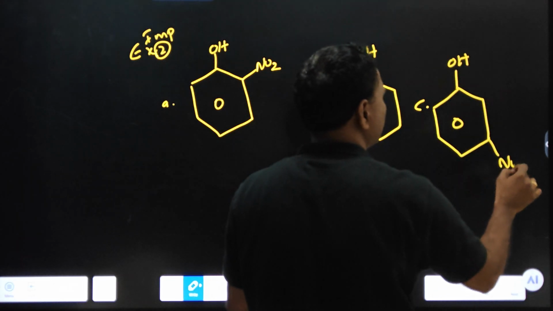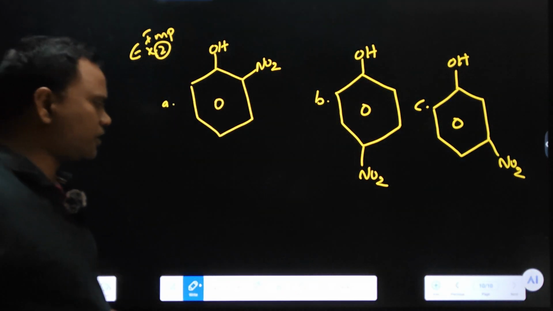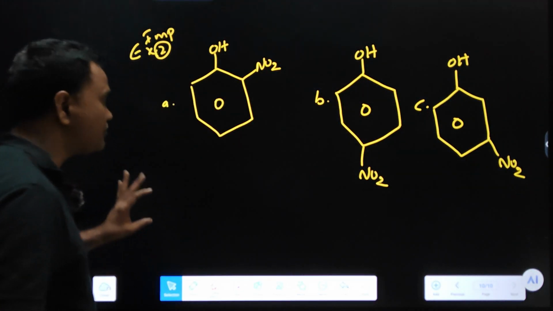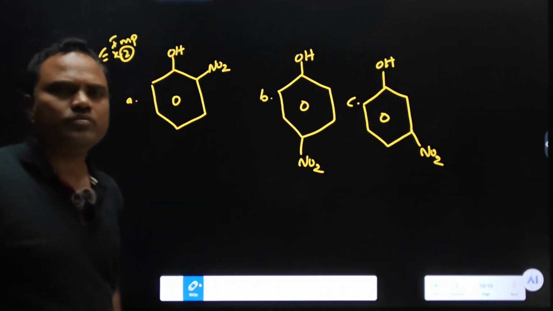Ortho-nitrophenol, para-nitrophenol and meta-nitrophenol: which is more acidic?